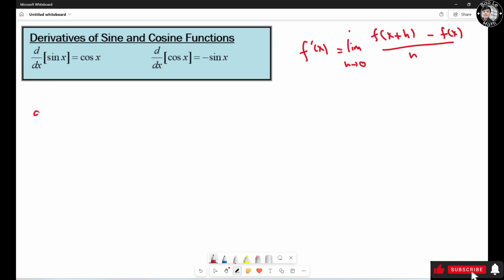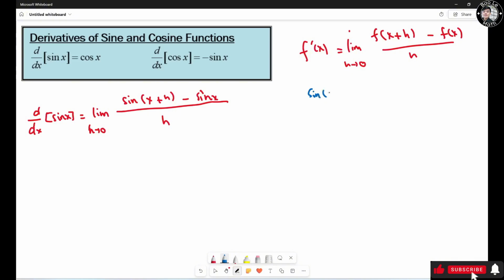Now the derivative of sin s turns out to be the limit of sin of s plus h minus sin s over h when h approaches 0, right? Now we know that sin of a plus b equals sin a cosine b plus sin b cosine a.